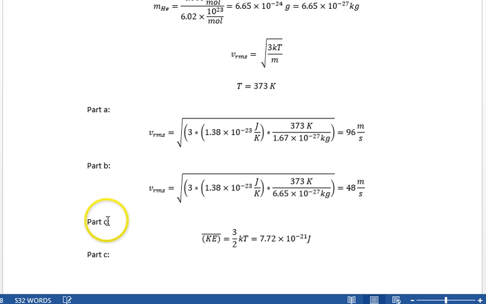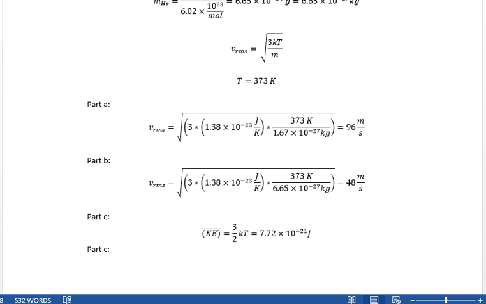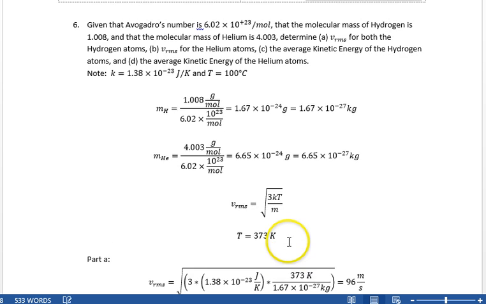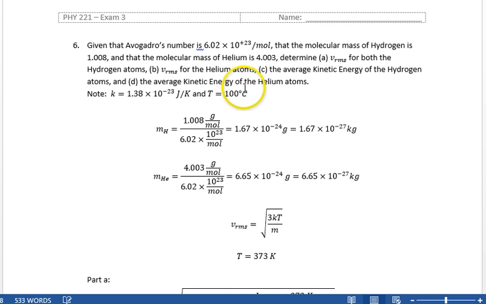So for part D, the average kinetic energy of the hydrogen atoms and helium atoms, we get the exact same answer. The point behind this is that kinetic energy corresponds to temperature, so their kinetic energy should be the same because they're at the same temperature.